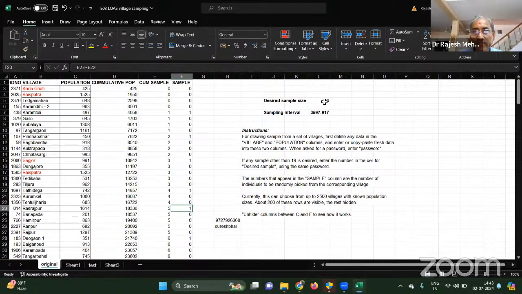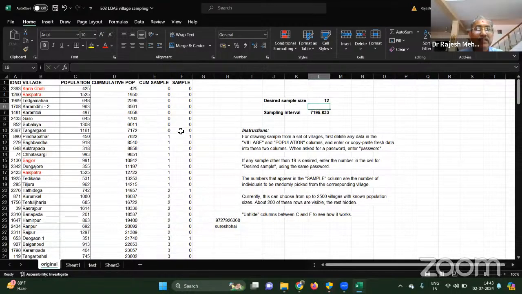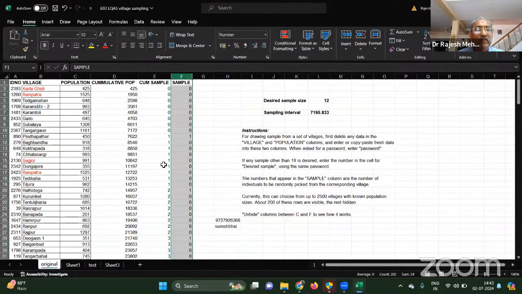Suppose you want to take a sample of 12 instead of 24. See over here, it will change. Now it is moving over here. So from which village or which lot you are going to take a sample, you will get it over here. The lot sampling technique is very, very fast.